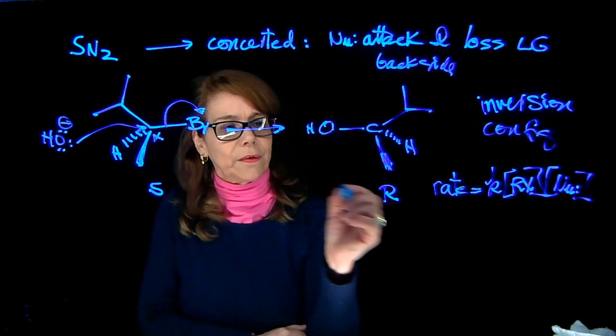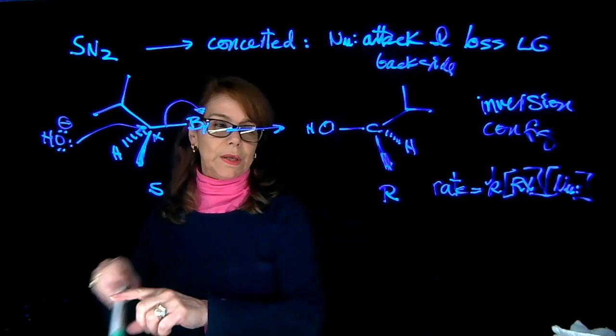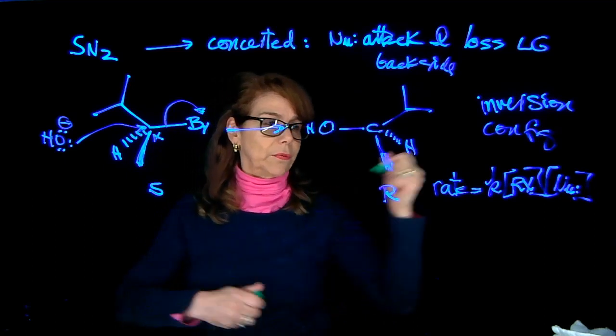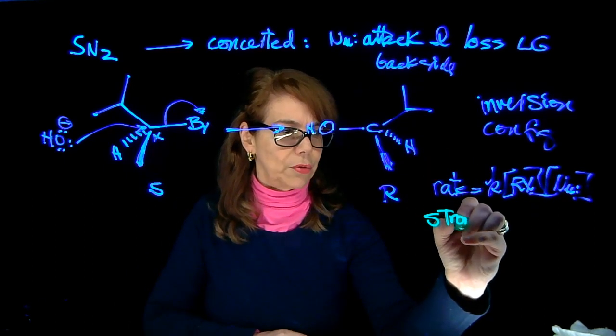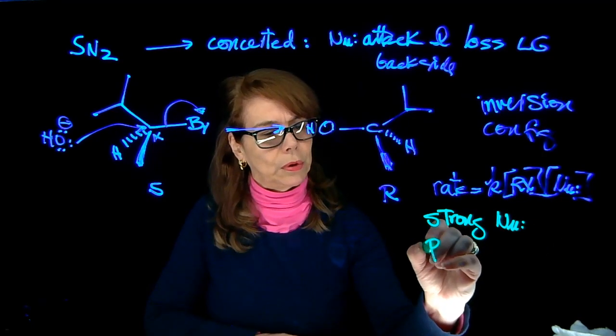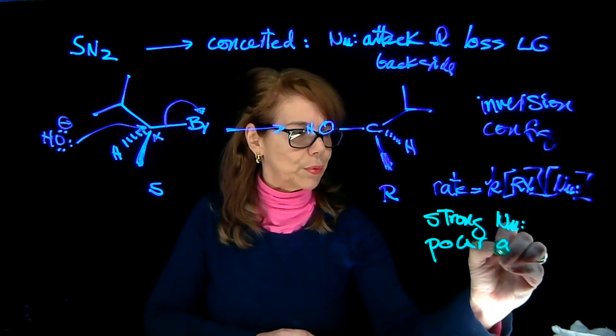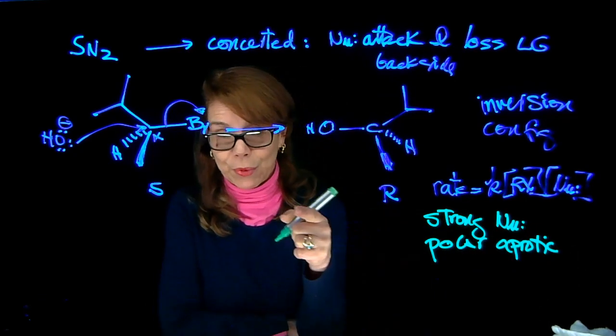Another thing that is important, that we studied before, is that this reaction is better with strong nucleophiles and better with polar aprotic solvents. So this we need to recognize when we're doing problems.